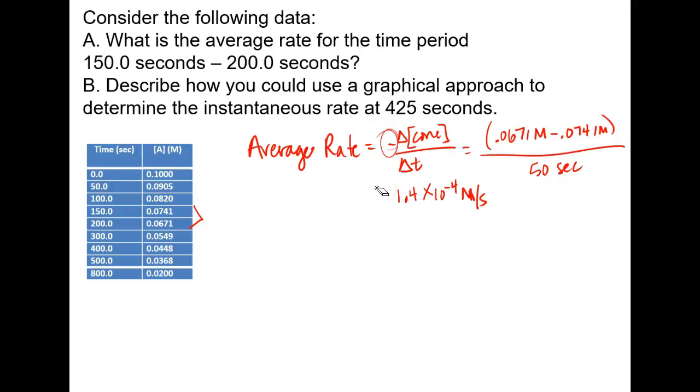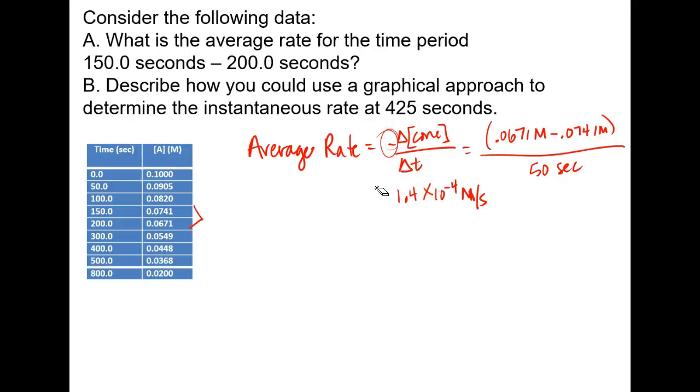It's almost like being in a language arts class where they don't want you to have a double negative, because if you say you can't not do something, well, that means you actually can do it. So here, we would not want to say the rate of disappearance of something is negative.